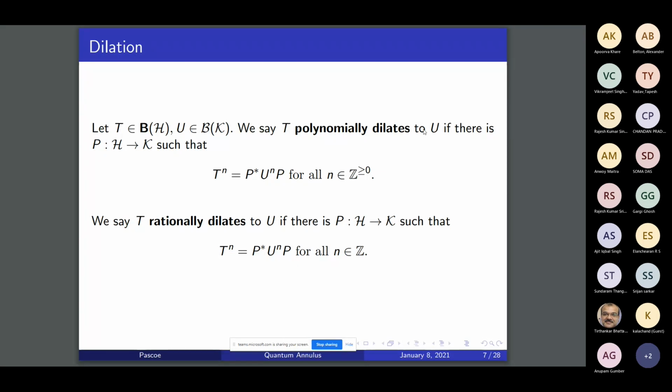The polynomial dilation is set up to work well with power series. You should think that the rational dilation is supposed to work well with Laurent series. We'll get to rational dilation a little bit later. For the first half of the talk, we'll probably talk mostly about polynomial dilation.